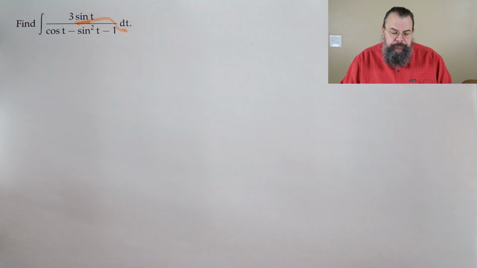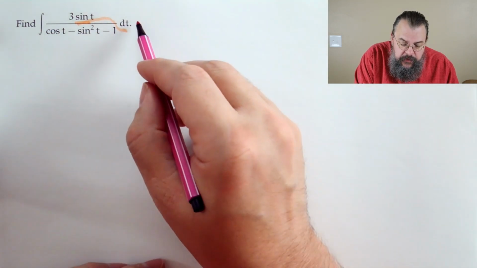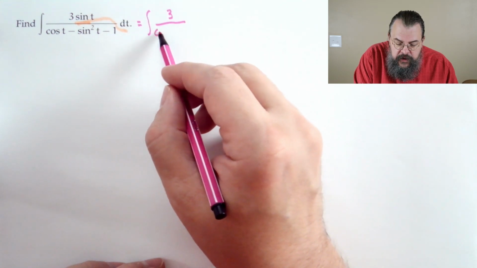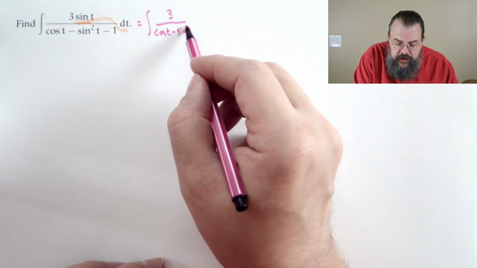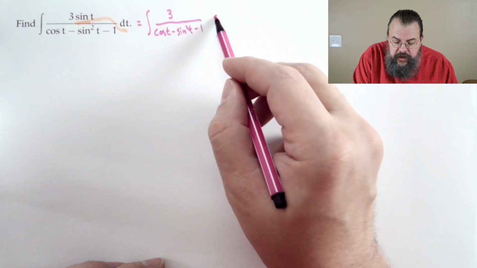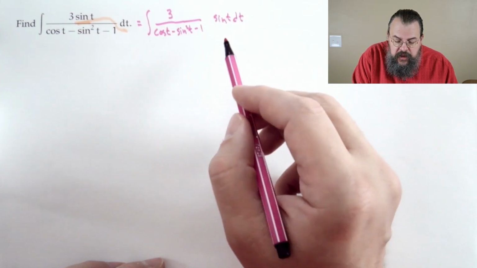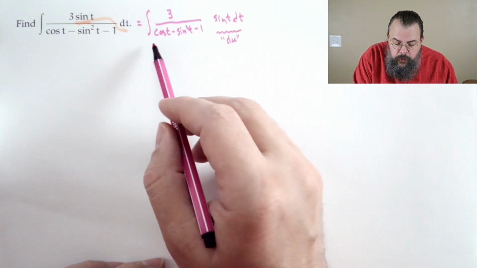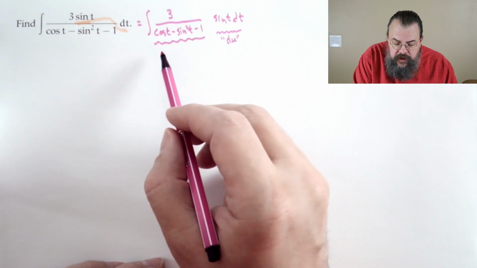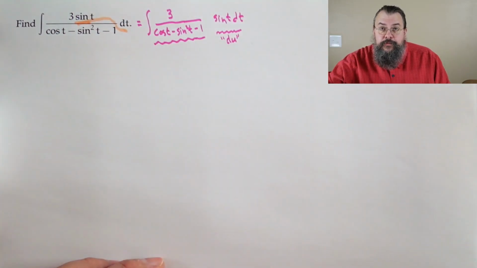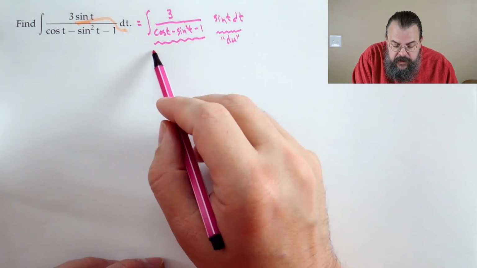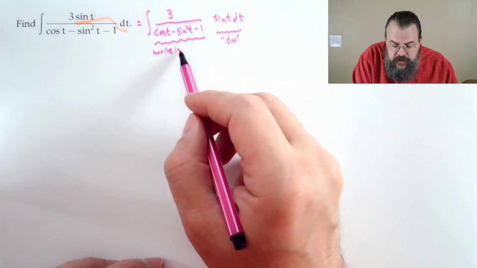But, all right. So one thing we could think of is, I'll write this as 3 over cosine t minus sine squared t minus 1, and then a sine t dt. If we were thinking of this as being our du, the question is, remember we said the derivative of cosine gives us our sine, can we write the rest in terms of just cosine t?